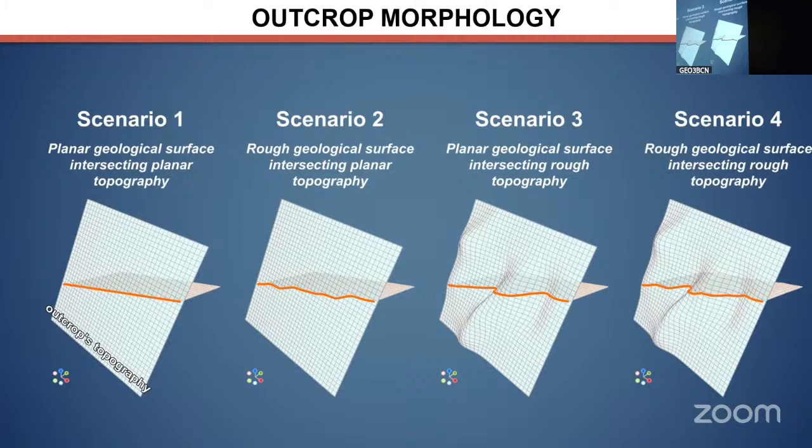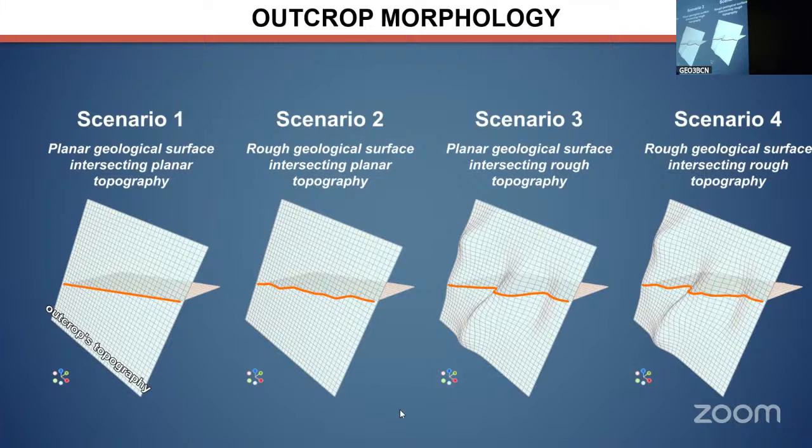We start with a very, very basic scenario. In the first one, this is the topography of the outcrop, just a plane that intersects a perfectly planar bedding surface. The result is a line. In scenario 2, we have a rough topography that intersects a perfectly planar geological surface, and in this case we have a wavy curve.